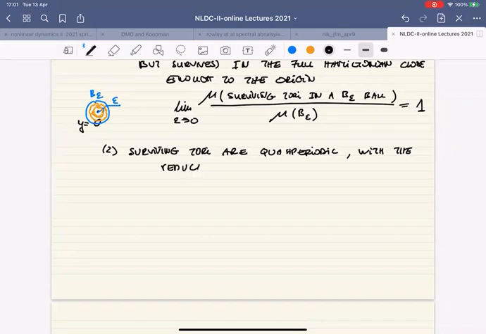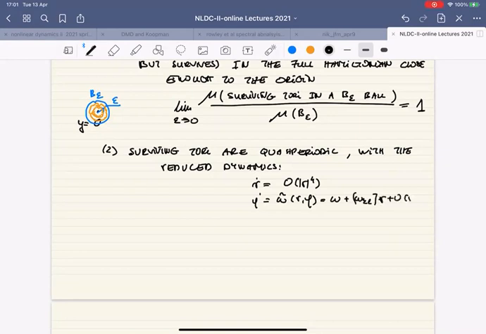With the reduced dynamics, R dot equals, it starts with a 4th order term, but it depends on phi, as we said before, and then you have phi dot equals some omega tilde of R and phi. And remember, that was just omega plus this omega KL matrix times R plus order R cubed.